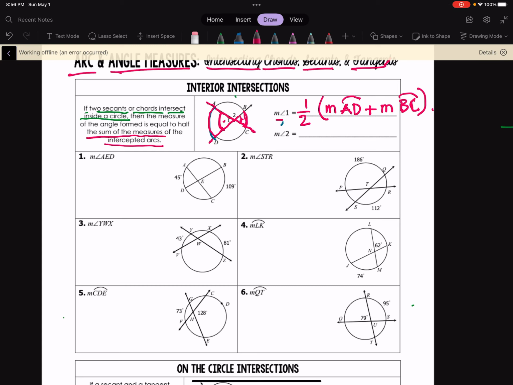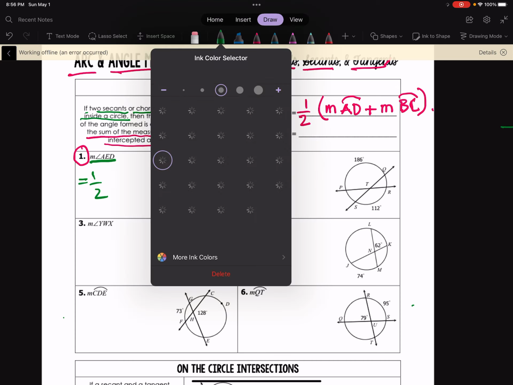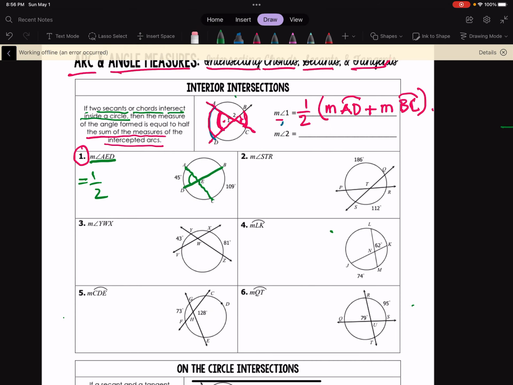Let's say we want to find this angle, number 1. It tells you to find AD. This intersecting chord or secant produces this AD. So the measure of AD should be half of the intercepted arc, this one 45, plus the other one, this 109.